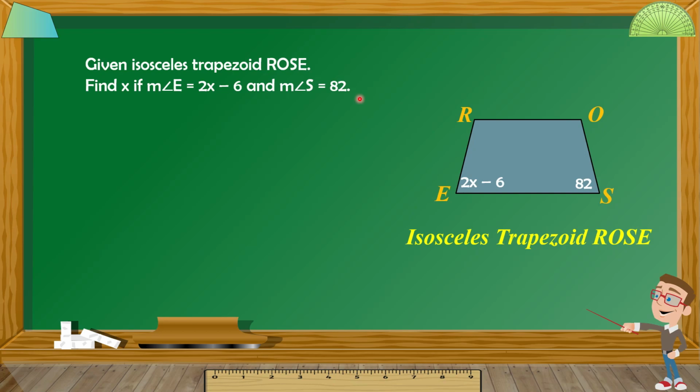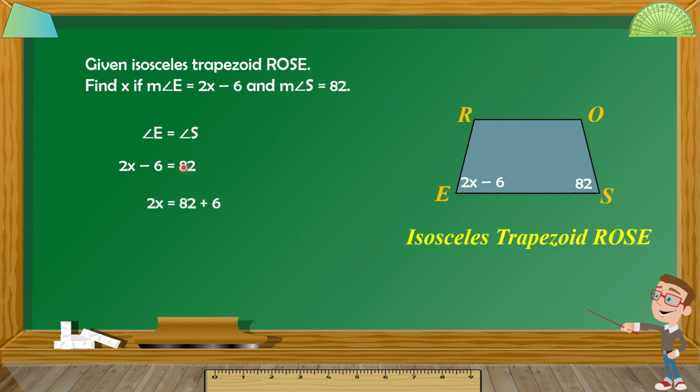So, since yung mga base angles natin ay congruent, so they are equal, di ba? So, i-construct natin equation dito ay ganito. Angle E is equal to angle S. Kasi nga, di ba, base angles are congruent based dun sa theorem natin. And then, substitute lang natin yung mga naka-assign na values dyan. So, si angle E, papalitan ko ng 2x minus 6 at si angle S, papalitan ko siya ng 82.